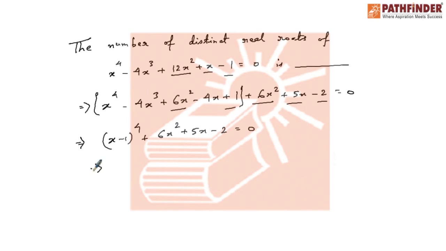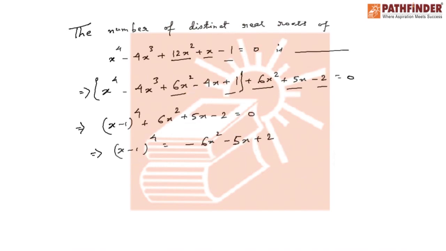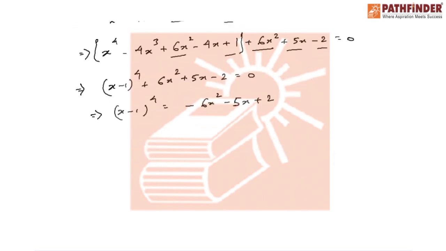which basically gives us (x−1)⁴=−6x²−5x+2. Now to solve this polynomial, it is equivalent to find the intersection points of the curves y=(x−1)⁴ and y=−6x²−5x+2. Here the right hand side can be rewritten by taking −6 common.